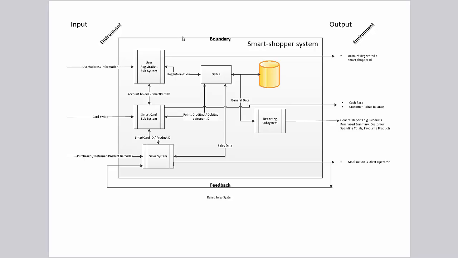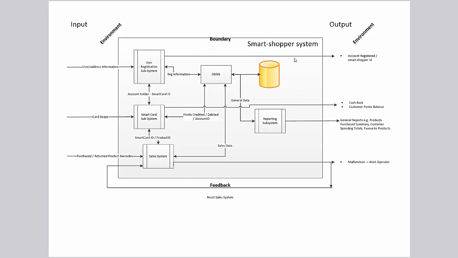So looking at the basic definitions that we've looked at, we can see here a system known as the Smart Shopper system, and the system's goal is to model points that people accrue during shopping and to manage those as well as user information. You can see that the system has a designated boundary.